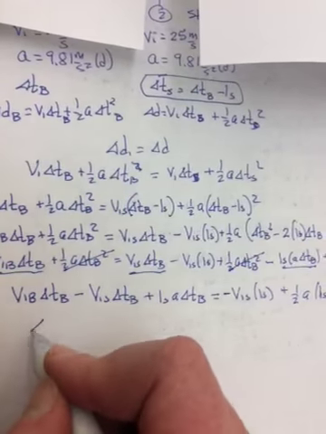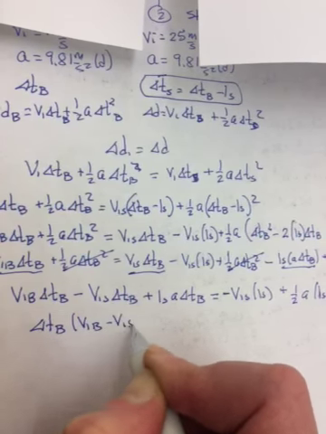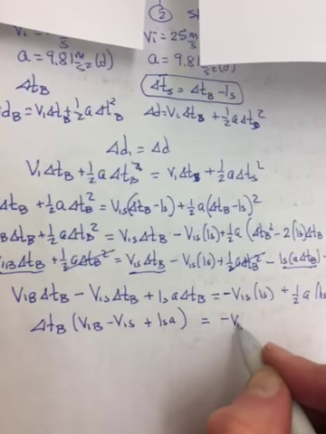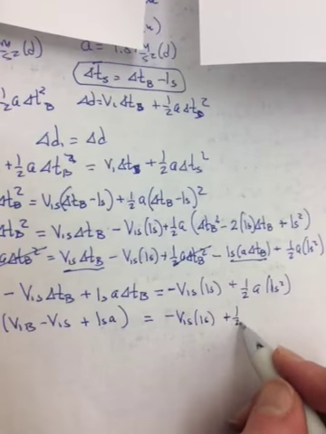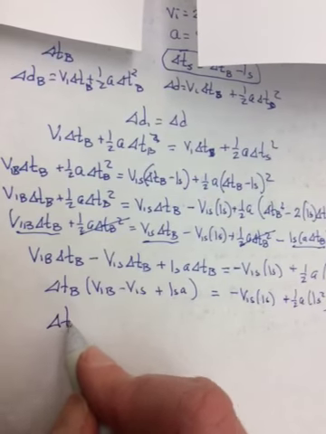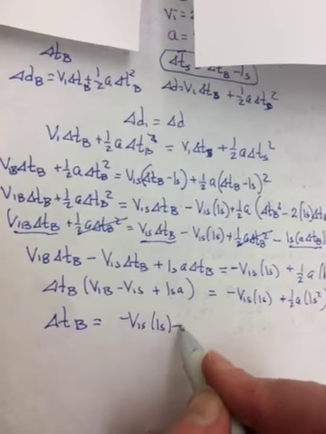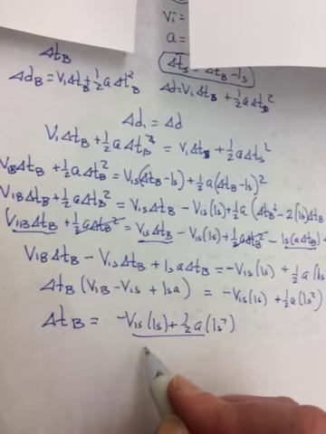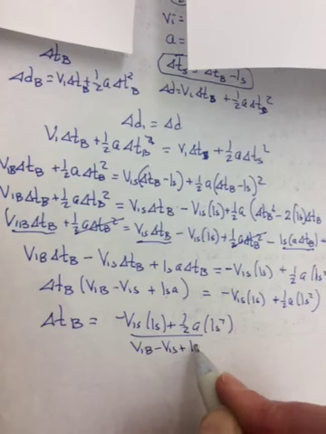Okay, you can pull your delta t out here. So vi of the ball minus vi of the stone plus 1 second times a, equals negative vi times 1 second plus 1/2 a times 1 second squared, and then divide by the bracket. So negative vi times 1 second, going to run out of time here, but I'm trying, plus 1/2 a 1 second squared divided by vi of the ball minus vi of the stone plus 1 second times a.